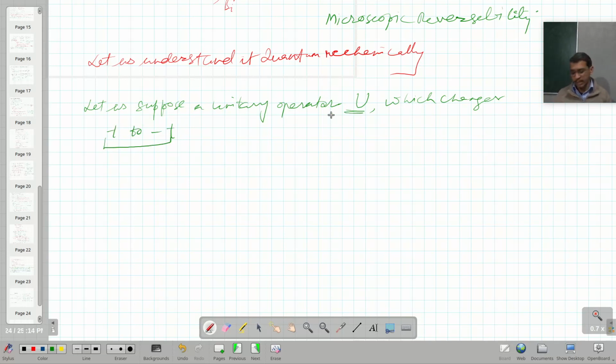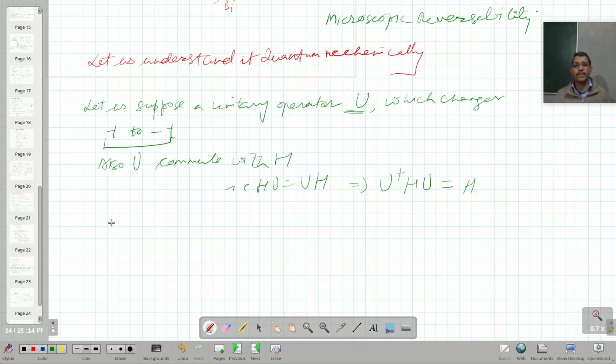That's what this operator will do. Also U commutes with H, right? H is the Hamiltonian. That means HU is equal to UH, or you can write it as U dagger HU is equal to H.